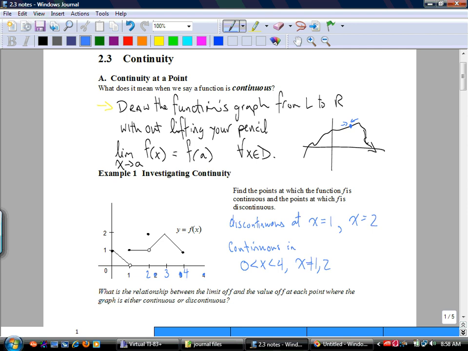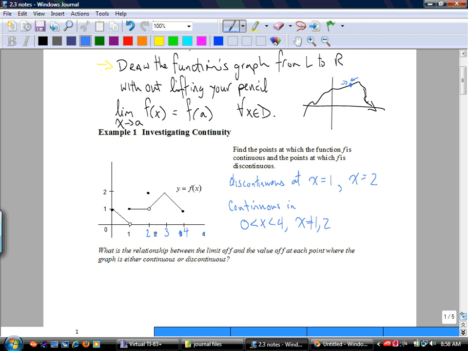Okay, what is the relationship between the limit of f and the value of f at each point for x between 0 and 4, but not equal to 1 and 2? Yeah, no, it's equal. It has to be equal at 0 and 4. No, it's a point of discontinuity.